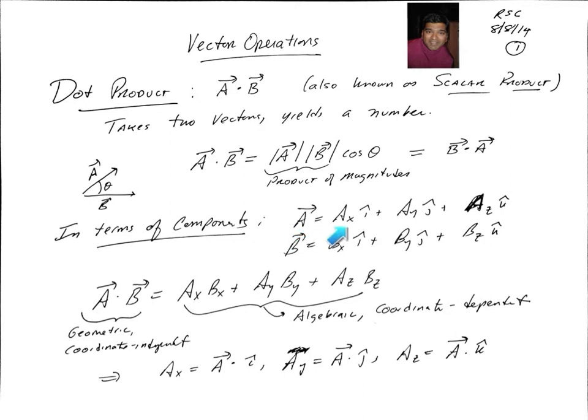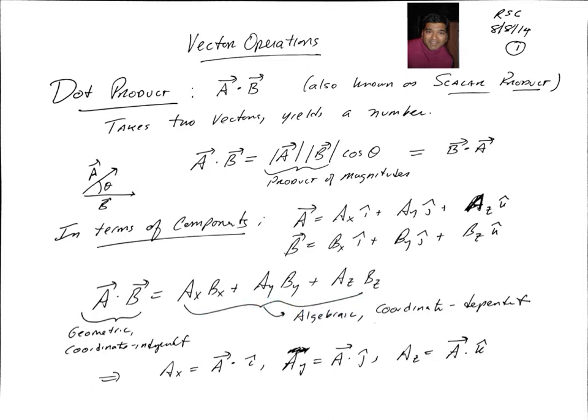If A is AX I plus AY J plus AZ K, that is, it has components AX, AY, and AZ with respect to a right-handed rectangular coordinate system with basis vectors I hat, J hat, and K hat, and B has the corresponding components BX, BY, and BZ, A dot B, which is a geometrical and coordinate-independent object, can be expressed in terms of the components algebraically as the product of the corresponding components summed together, AX BX plus AY BY plus AZ BZ.